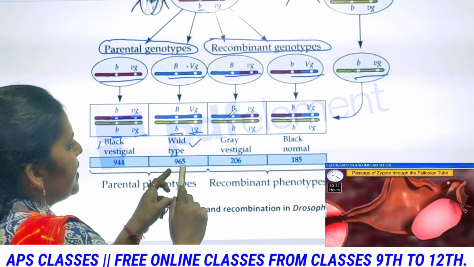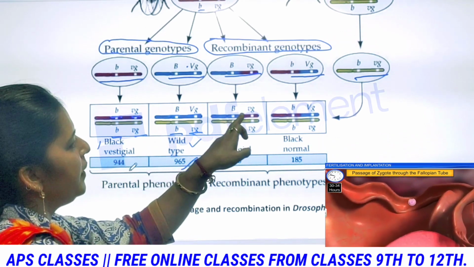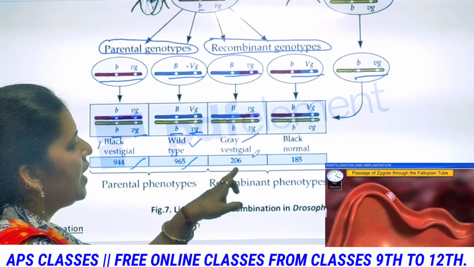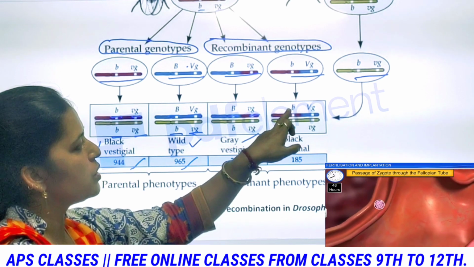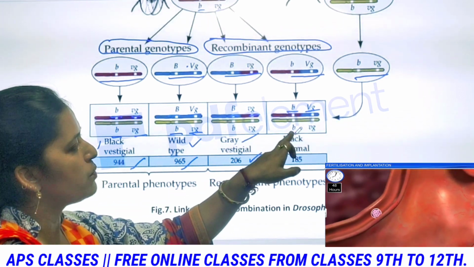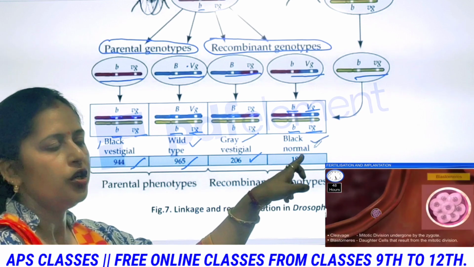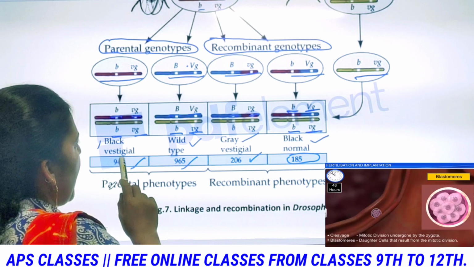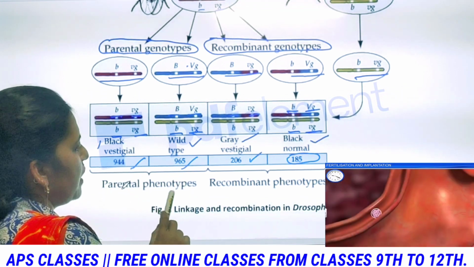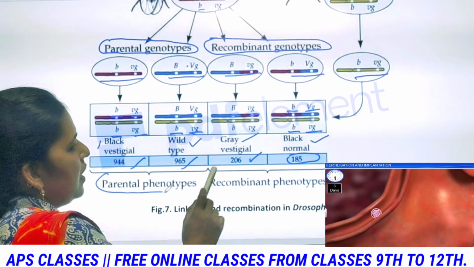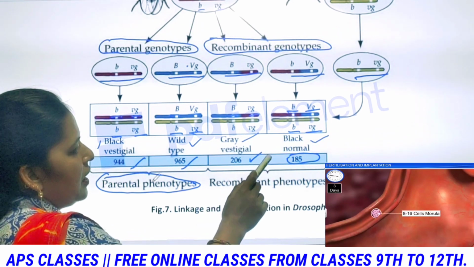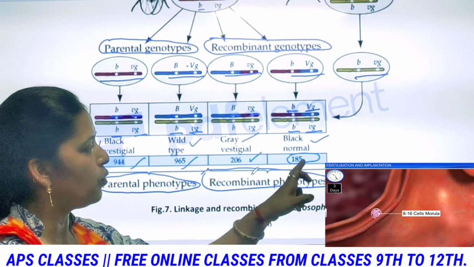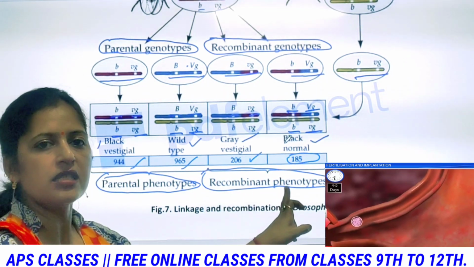That is 965. Next, small b, capital B, small vg, that is gray vestigial, is 206. Small b, capital B, small vg, that is black normal, is 185. These are the black vestigial and wild type, the parental phenotypes, whereas gray vestigial (206) and black normal (185) are the recombinant phenotypes.